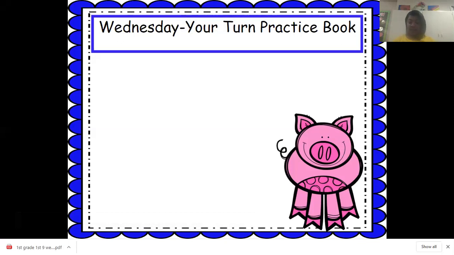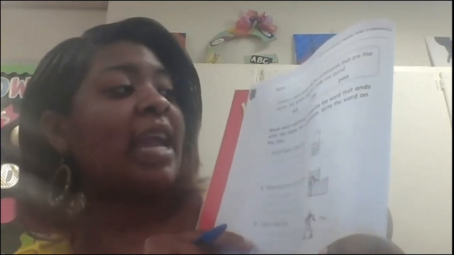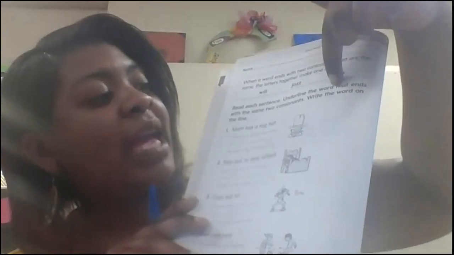So let's quickly look at page 18. Page 18 is also going to be a grade, and it's just a review of that fizzle rule. So page 18, when a word ends with two consonants that are the same, the letters together will make one sound. These are my examples: wheel, jazz, and pass.